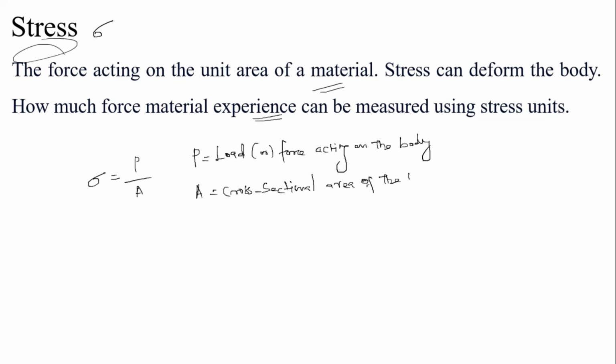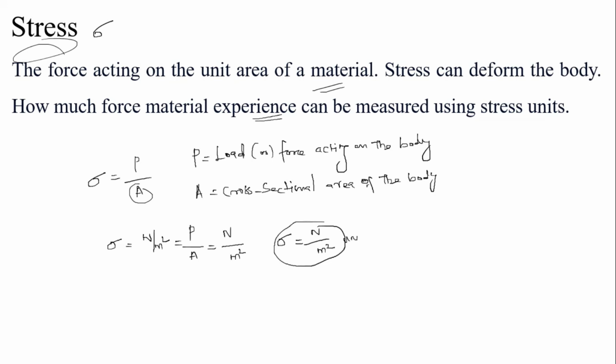So simply, stress is equal to load by area. Clear? What is the unit? Newton per meter square. The unit of load is Newton, and the cross sectional area is meter squared. So sigma is equal to Newton per meter square.